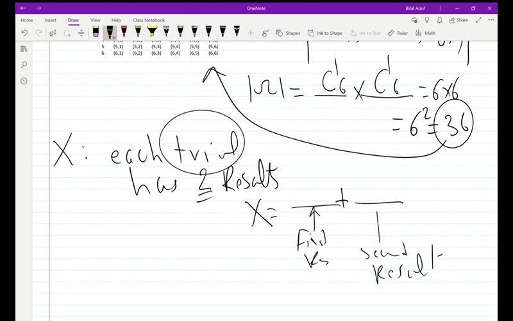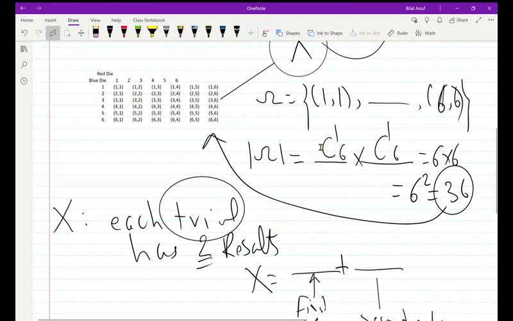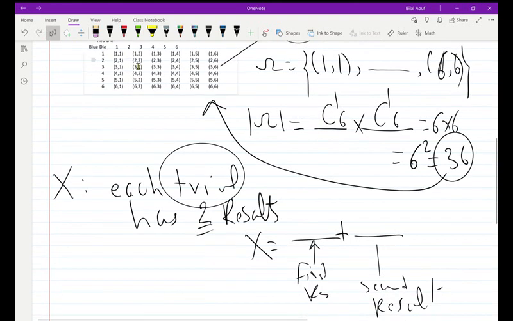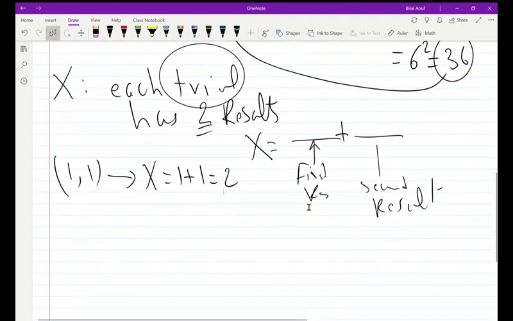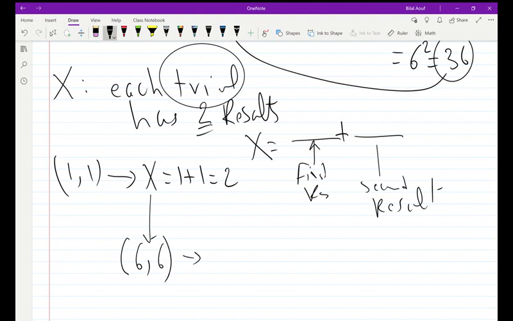The sum of the two results, at least the first result can be 1 1, so X equals 1 plus 1 equals 2. That's the minimum. The maximum value reached by X is when the trial equals 6 6, meaning X equals 6 plus 6 equals 12.